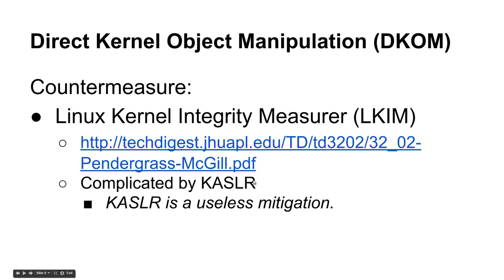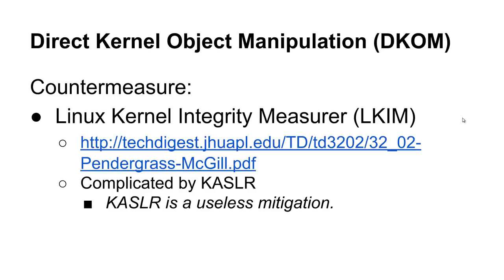And so there's a number of countermeasures. The one I like is a Linux kernel integrity measurer, and you can read about it here. It's essentially a top-down approach for enumerating all of the major objects, tables, and etc. that are used in the kernel, whether it's individual drivers and etc., and mapping out what those tables should look like.